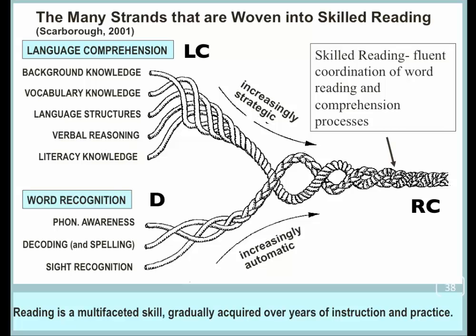So those skills and those strands have to do with being automatic. We talk about automaticity. So I'll come back to that. But what I want to convey here is that there are many pieces to becoming a good skilled reader, and coordinating this idea of comprehending what you're reading while decoding those words accurately and automatically is what needs to occur to be able to comprehend complex text.